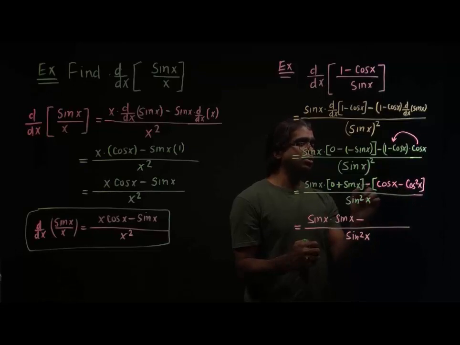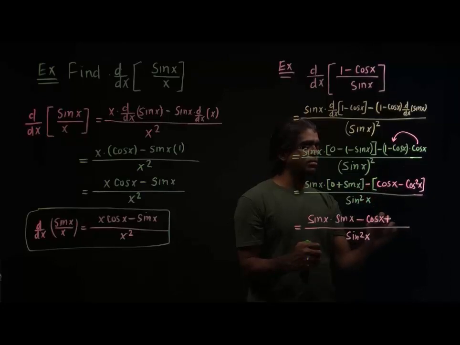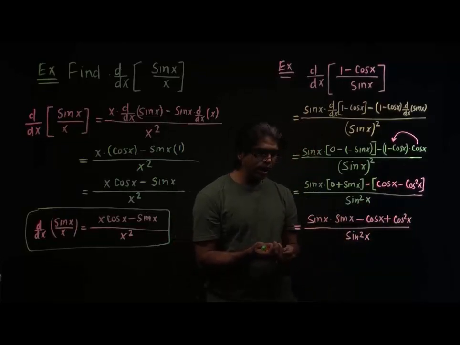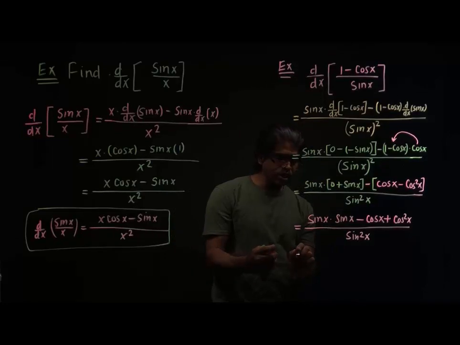I'm going to distribute this negative sign inside: negative times cosine is minus cosine x, and negative times negative is positive, so plus cosine squared x.